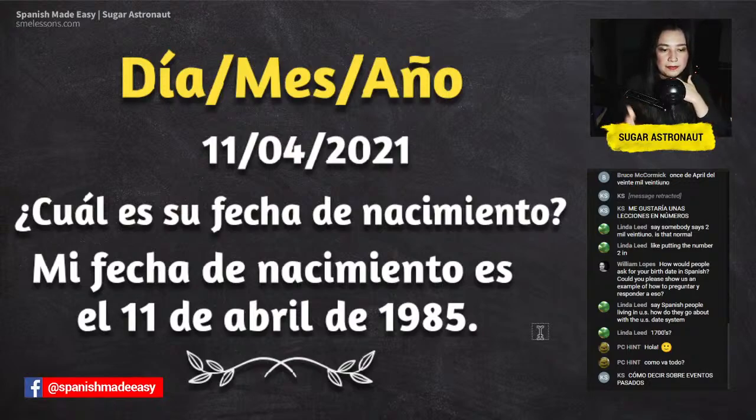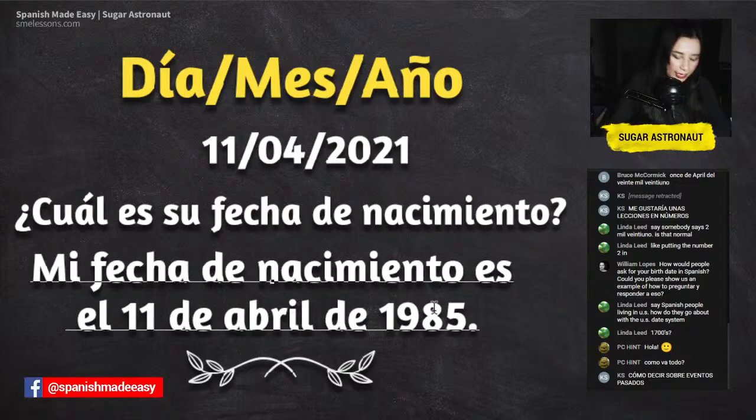You can say, mi fecha de nacimiento es el 11 de abril de 1985. And that happens in Spanish. Sometimes you have to say your birth date in a more formal way. That is called fecha de nacimiento.